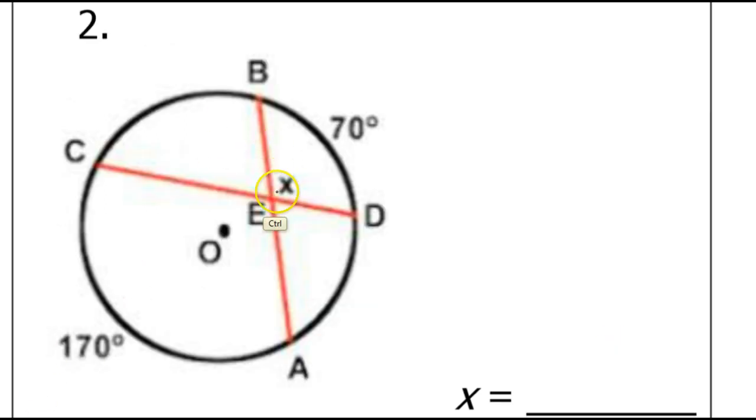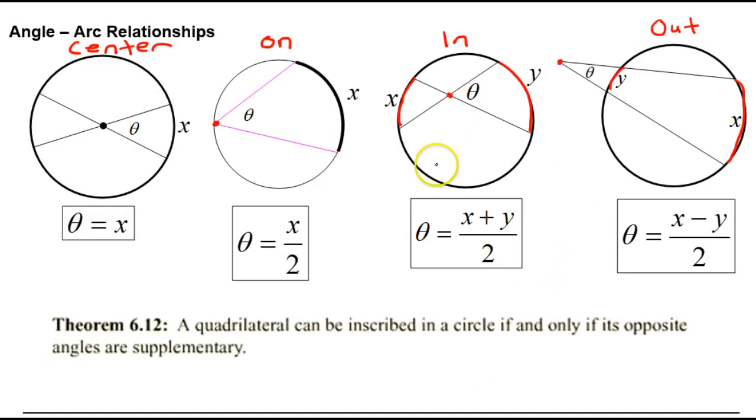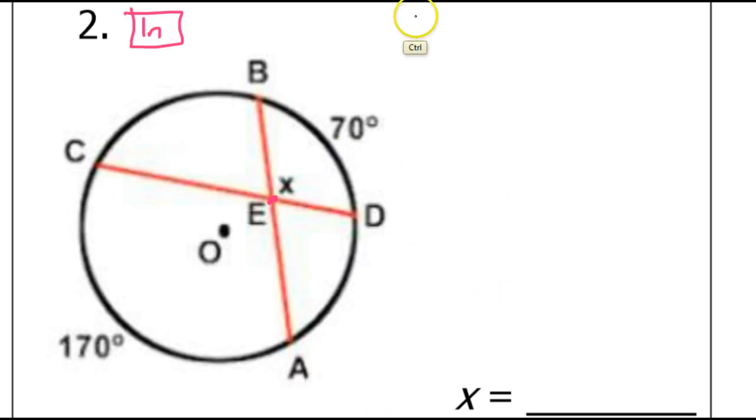For number 2, this vertex is in the circle. So this is the one where we do angle equals arc plus arc divided by 2. I'll write that down first: angle is equal to arc plus arc divided by 2.